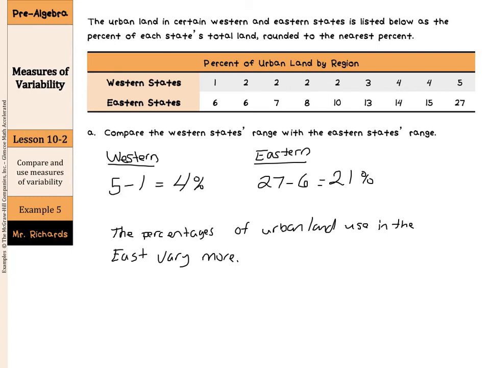I mean, there's from 27 to 6 versus 5 to 1. There's a lot more variation in the eastern states range than the western states range.